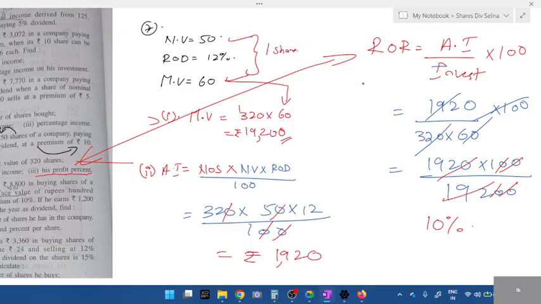You can use that, but I prefer this, students. This is best. Profit percent, right? Both are correct. Only thing, don't write rate of return here. What you have to mention? Profit percent, that's it. So profit percent, rate of return, all those are same, students. Just the words are different.